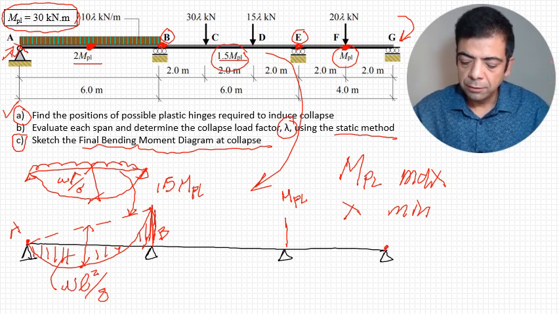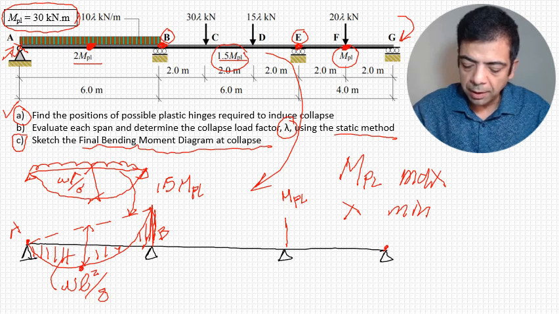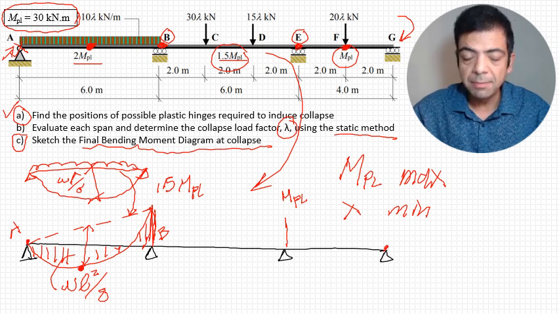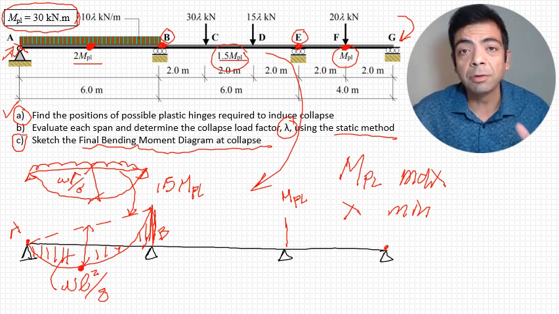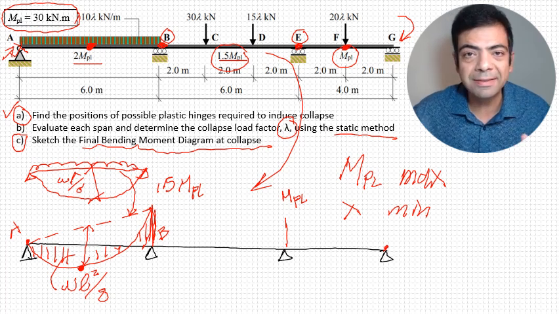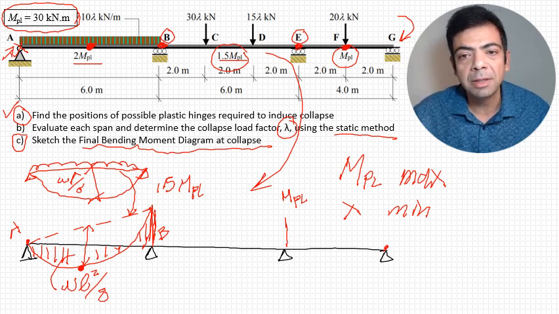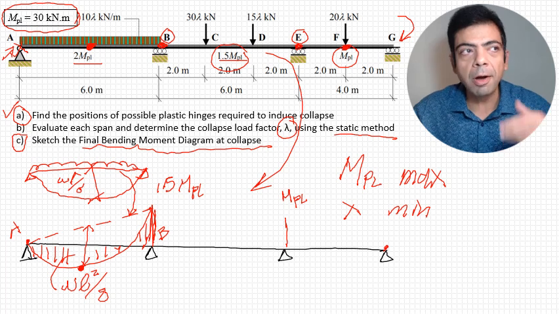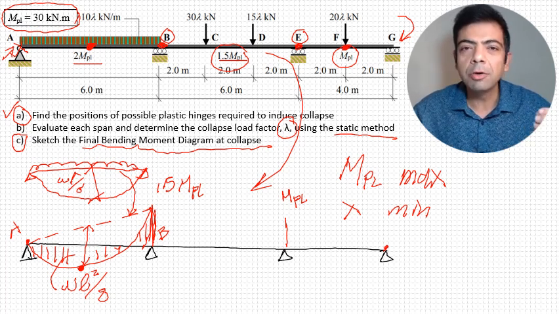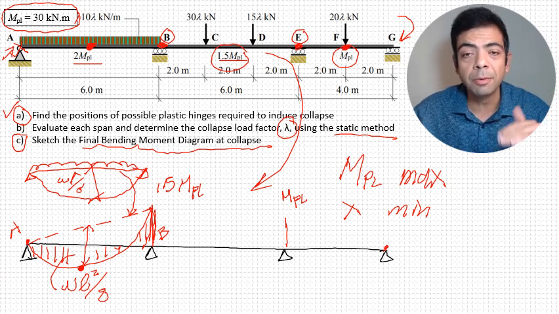Okay, so can we predict the maximum bending moment in positive at collapse? Remember, this is a plastic analysis problem. So when we keep on loading the beam till failure, can you guess what the maximum positive bending moment below the beam will be?